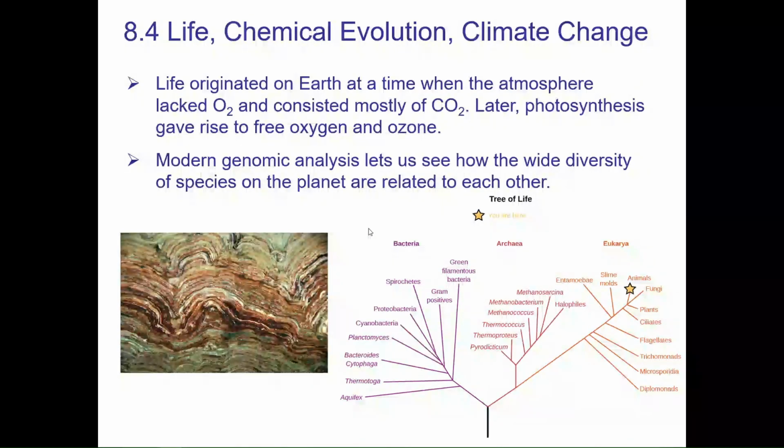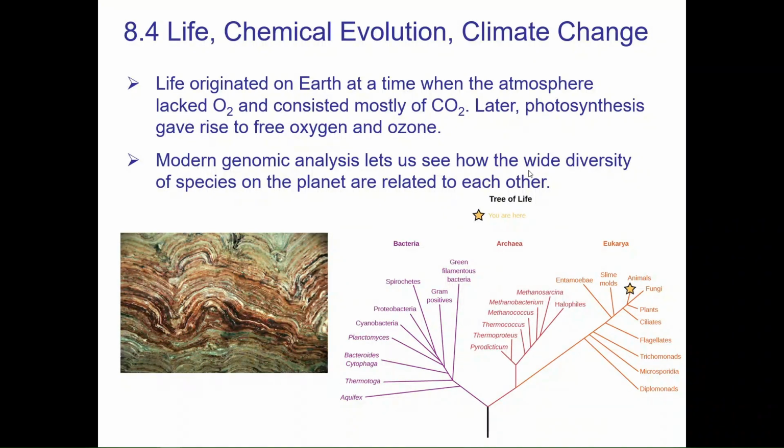So you can imagine the animals won't appear until the earth is populated by other creatures like plants and bacteria, and when the earth's atmosphere starts to accumulate a lot of oxygen for animals to breathe. If you look at the tree of life, we all originate from a common ancestor.